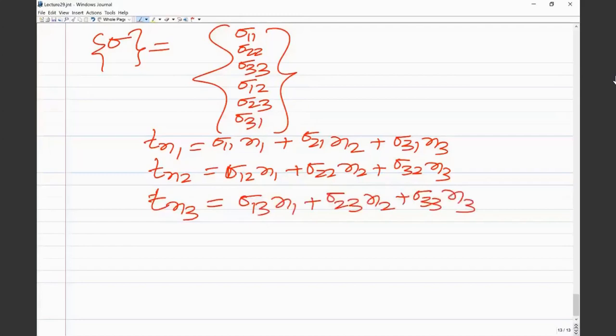So you can write it like this. Now you have got this as the weak form.